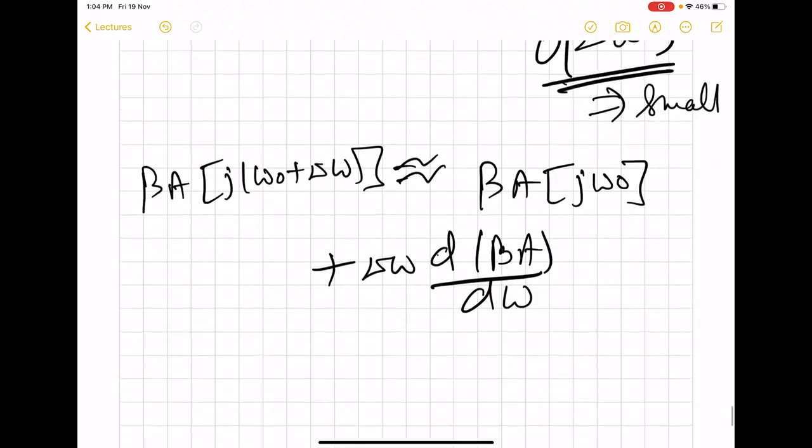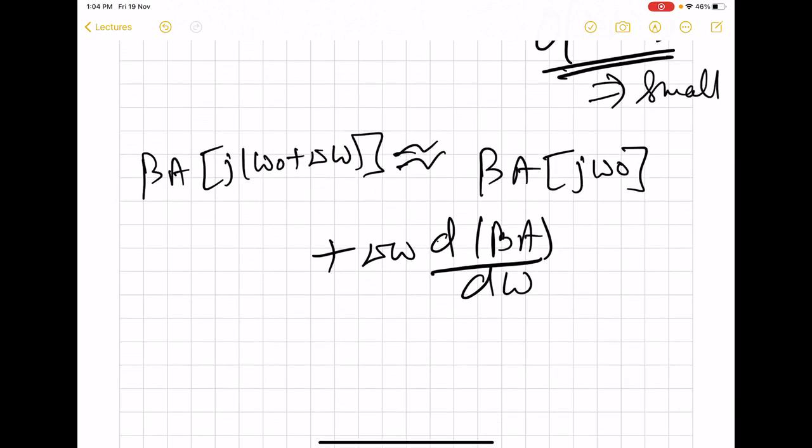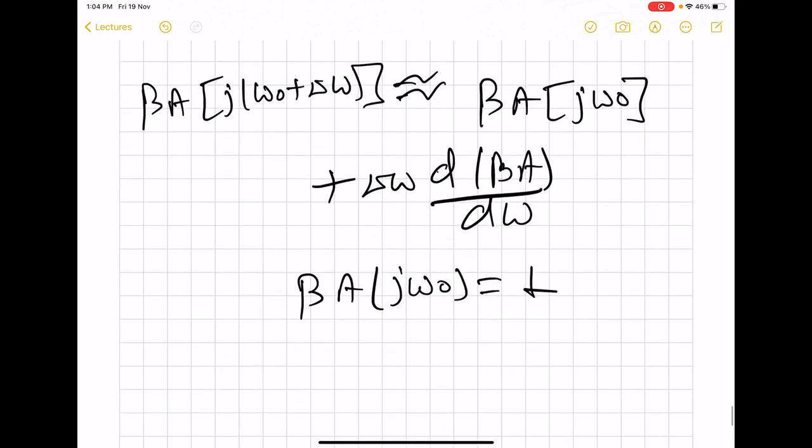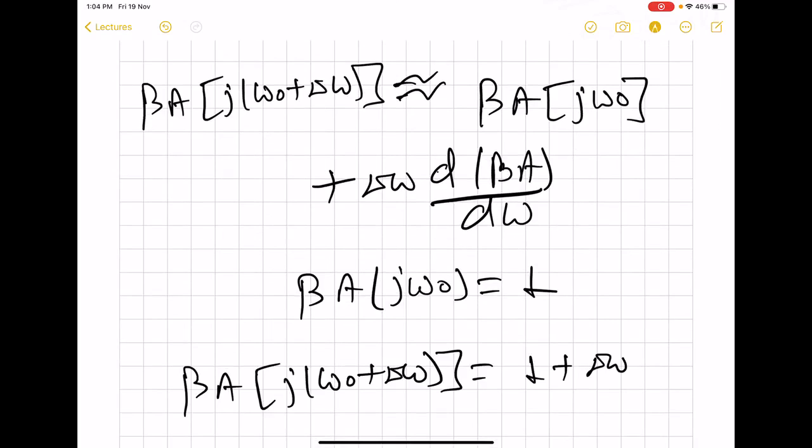Now at oscillation, we know that beta A j omega naught is equal to 1. So we can now write beta A j omega naught plus delta omega is equal to 1 plus delta omega d beta A by d omega.